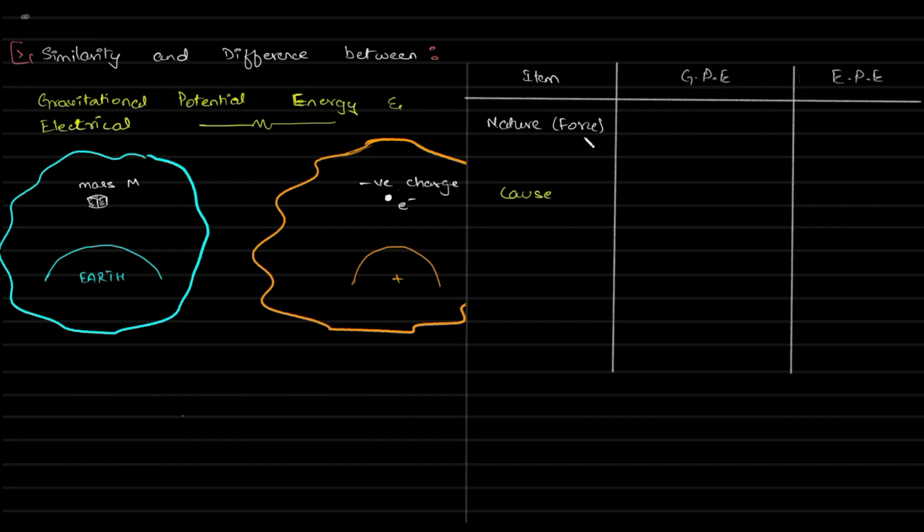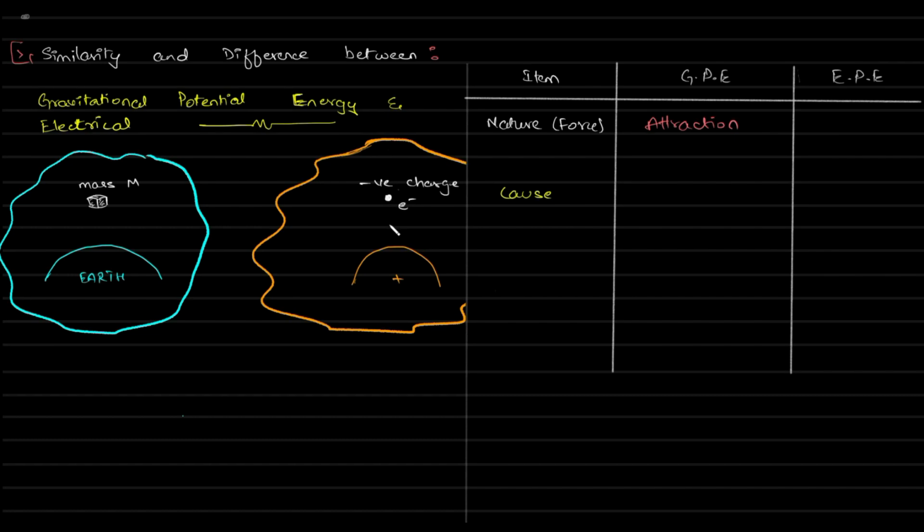So to list the nature of force: in gravitational potential energy, it is always attractive. While when it comes to electrical potential energy, we can have either attraction or repulsion. This is your attraction. If we keep a positive charge over here, what will happen?